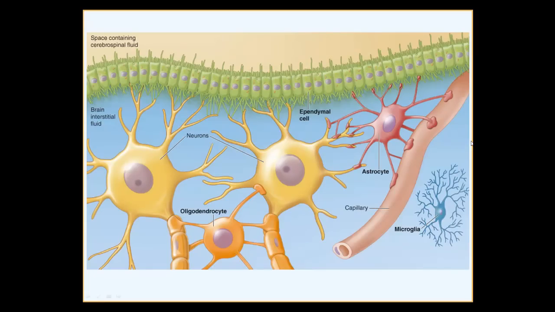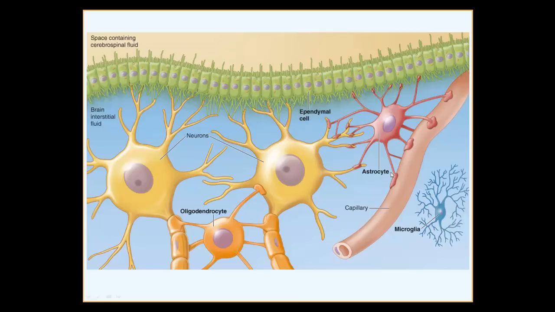So here are the pictures of our glial cells. If this is the neuron, the most important one here is the astrocyte, and it looks like a star, as you see. That's why we call it astro, which means a star, and cyte, a cell.